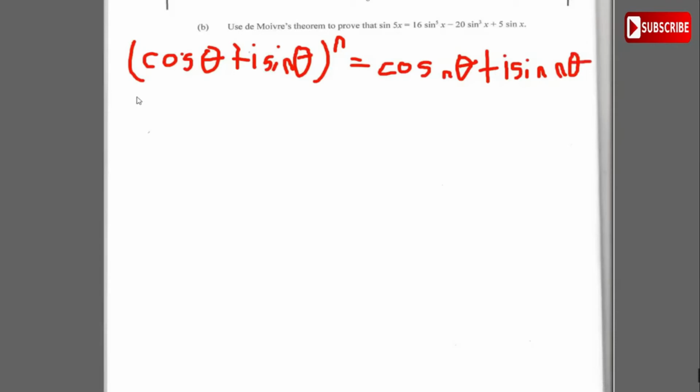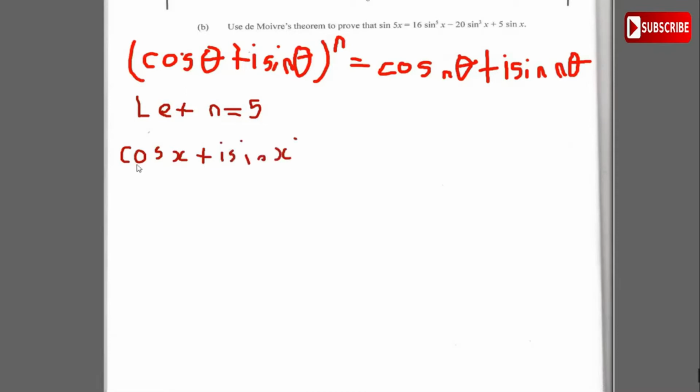In this case, we're going to let n be equal to 5. Instead of calling it theta, we're going to use x as well. So what you're going to get is cos x plus i sine x, raised to the 5th power.